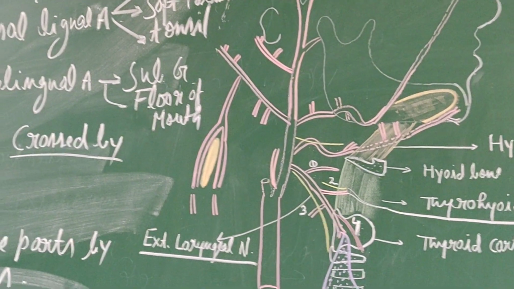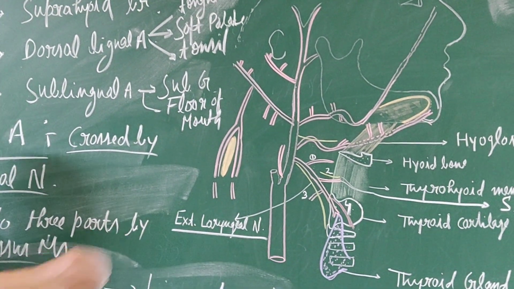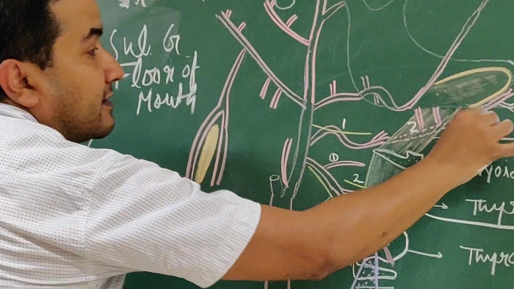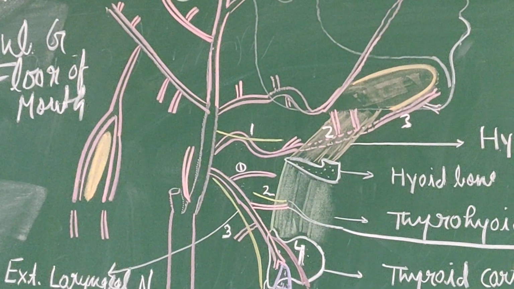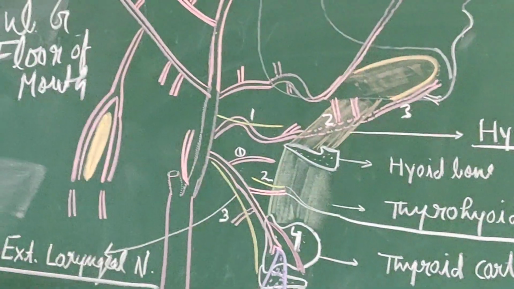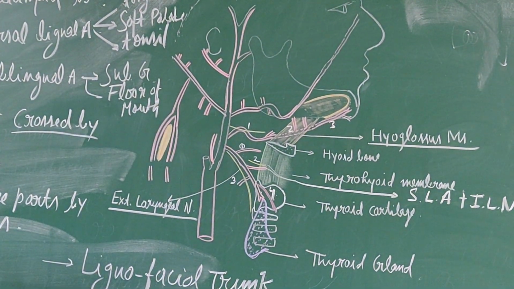This lingual artery is divided into three parts: the first, second, and third. The hyoglossus muscle of the tongue divides this artery into the three parts.